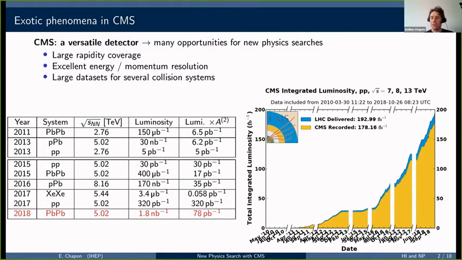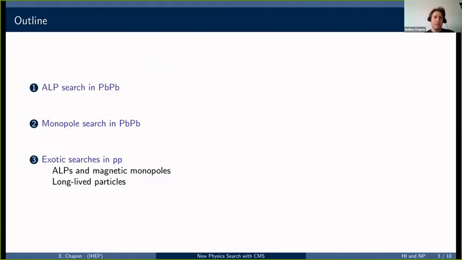And so we are at 180 inverse femtobarns since the start of the LHC if we combine Run 1 and Run 2. This is the outline of the talk. I'll start with ALP searches in lead-lead collisions, covering much less detail than Christophe, just a reminder of our results in CMS.